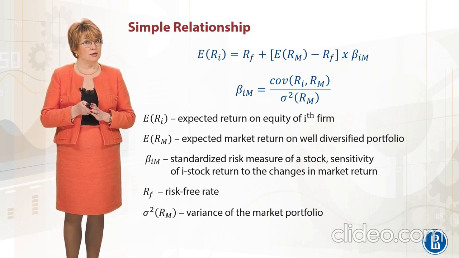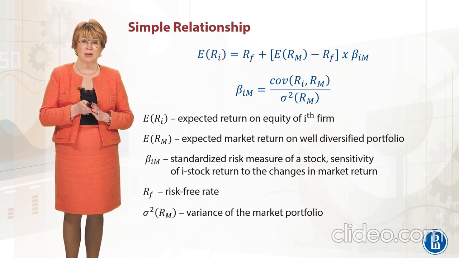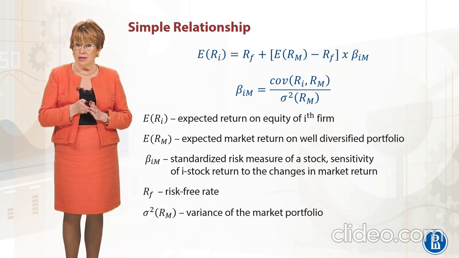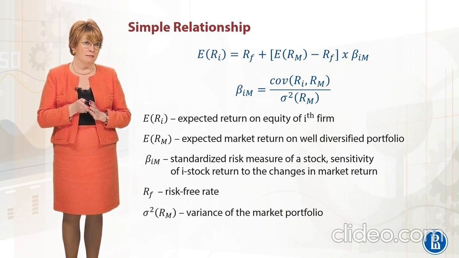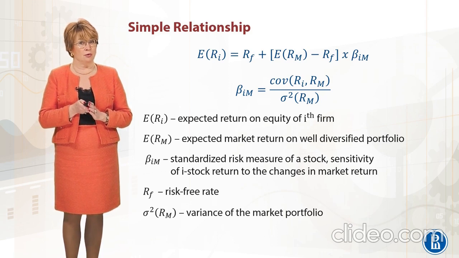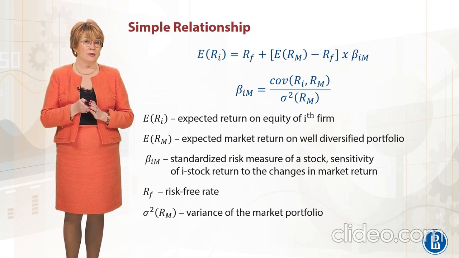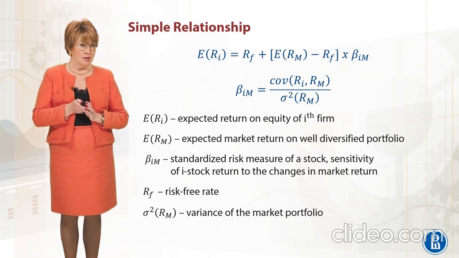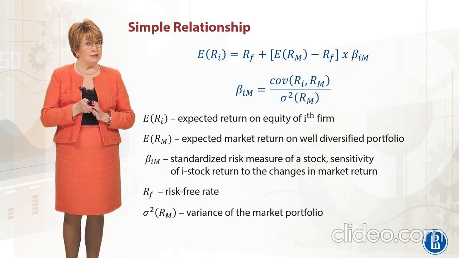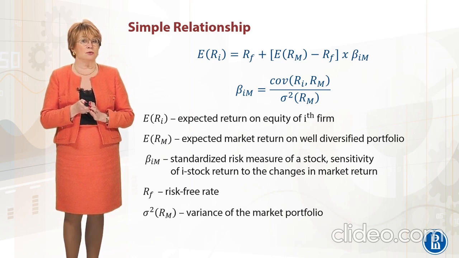The first is the so-called investment in risk-free assets, which will bring the investor the minimum rate of return, the risk-free rate of return. And the second is a product of the market risk premium, which is in brackets here, and the beta of a company. And the beta is a standardized risk measure of a stock.